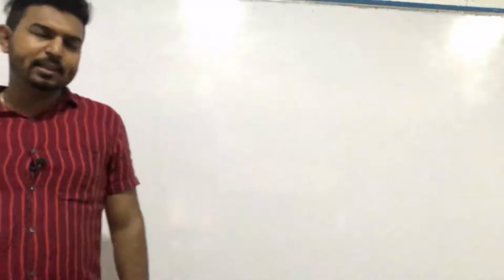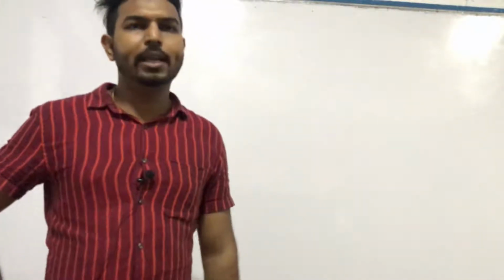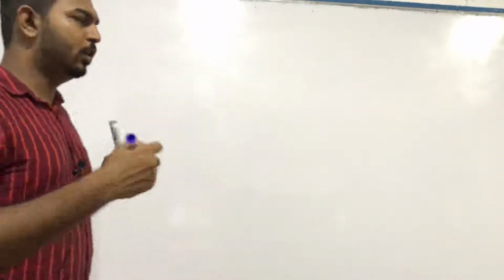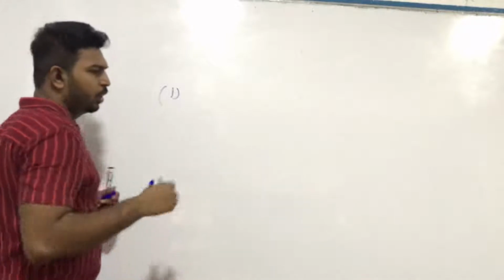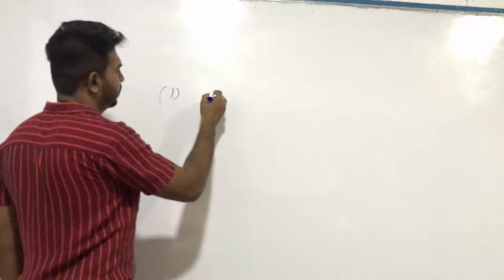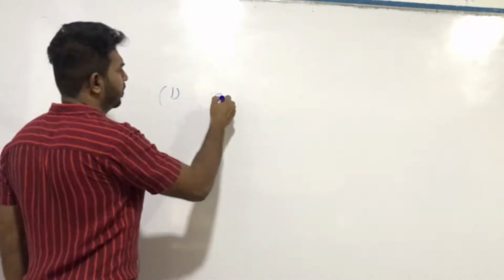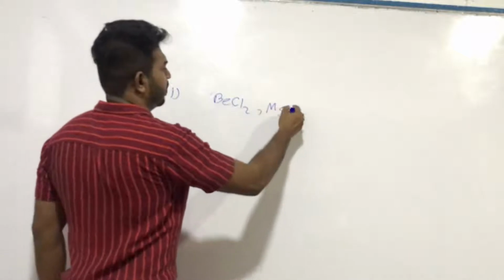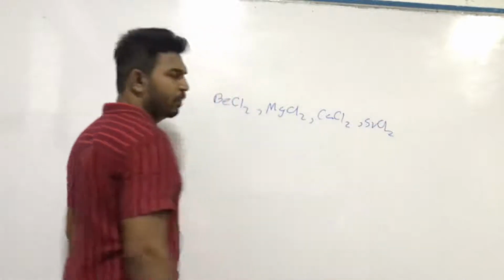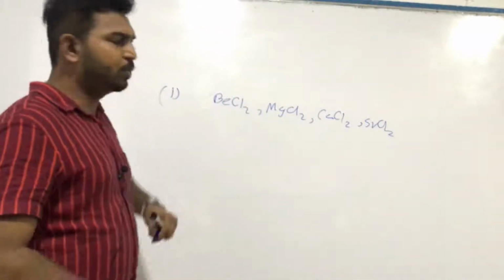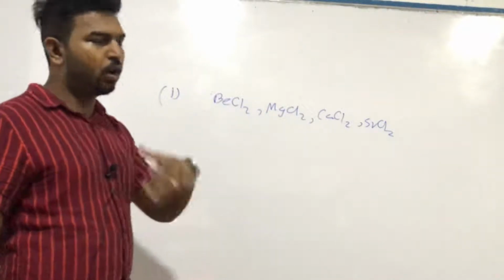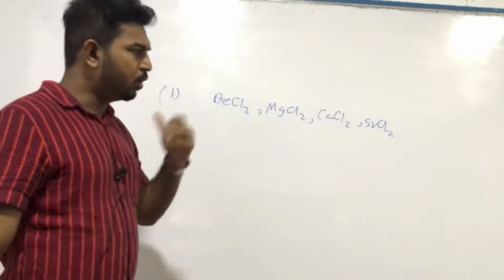So today, let's consider some exam type questions. Let's assume we have been given the question to arrange these molecules in the ascending order of decomposition temperature or boiling point or water solubility or the ionic nature.